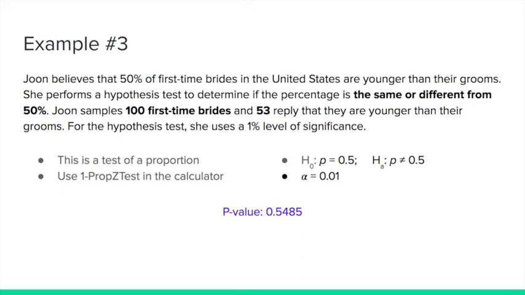So with a p-value that is that much higher than alpha, we can say that we should not reject the null hypothesis, and therefore there's not enough evidence to reject June's belief that 50% of brides are younger than their grooms.